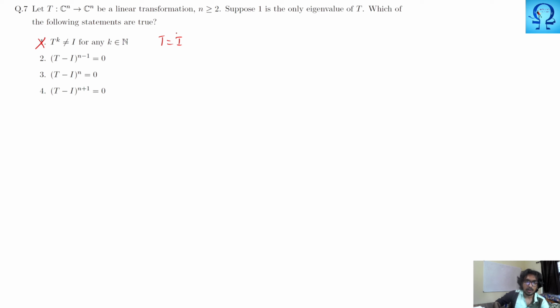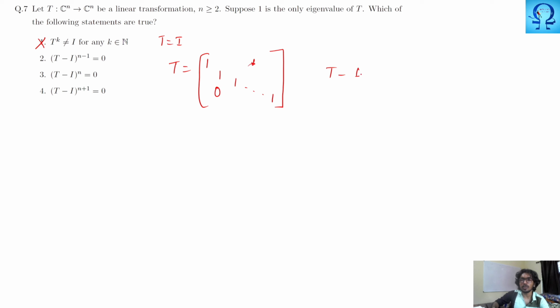Since n can be bigger than or equal to 1, this is what they are saying, right? So T is basically given to be a matrix with only 1 as the eigenvalue. We do not know the multiplicity, all those things, but this can be triangulable with 1 in the diagonals. This can be anything.